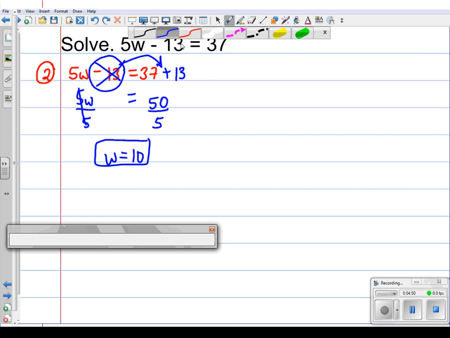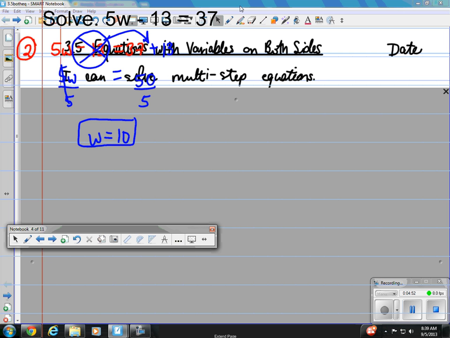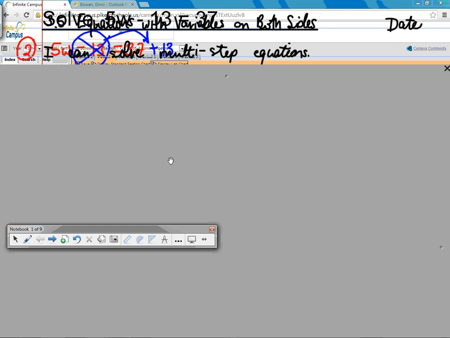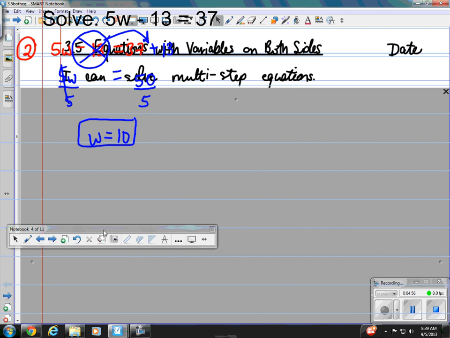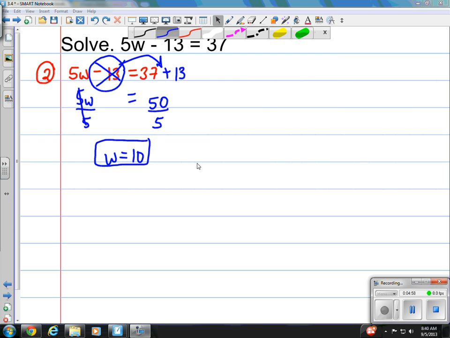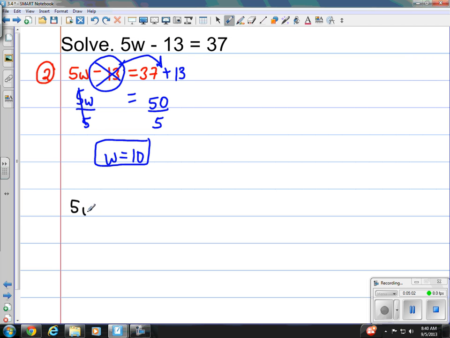Now, for the check, we're going to go back up to the original. And our original is 5w minus 13 equals 37.